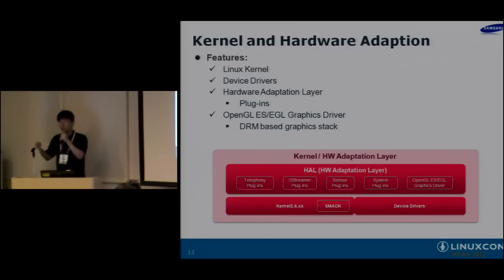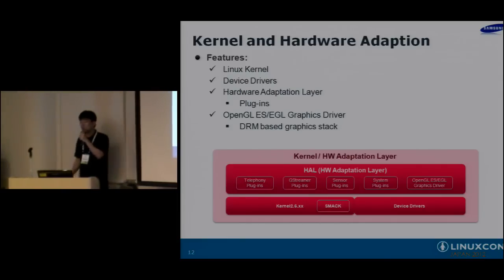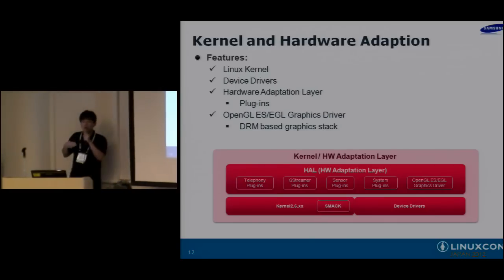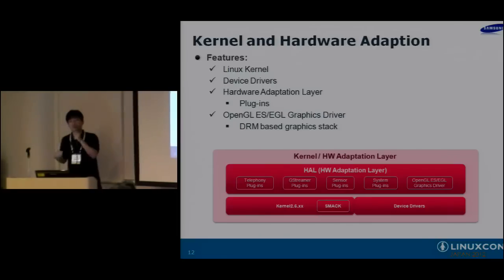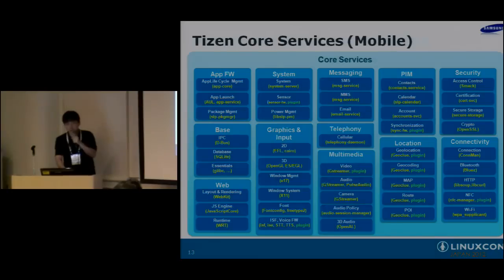For SGX, Imagination will send their library and drivers. So all of that is based on the DRM, Direct Rendering Manager, in the graphics stack. So we can do hardware acceleration with OpenGL ES and EGL with this driver stack.